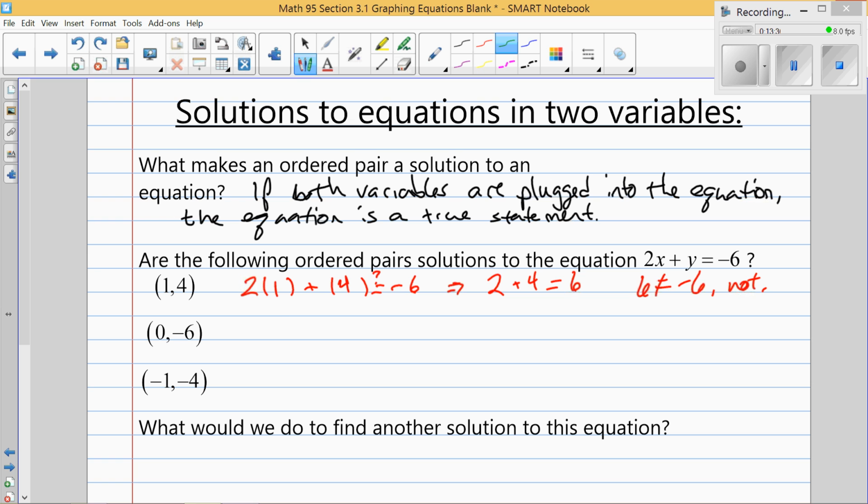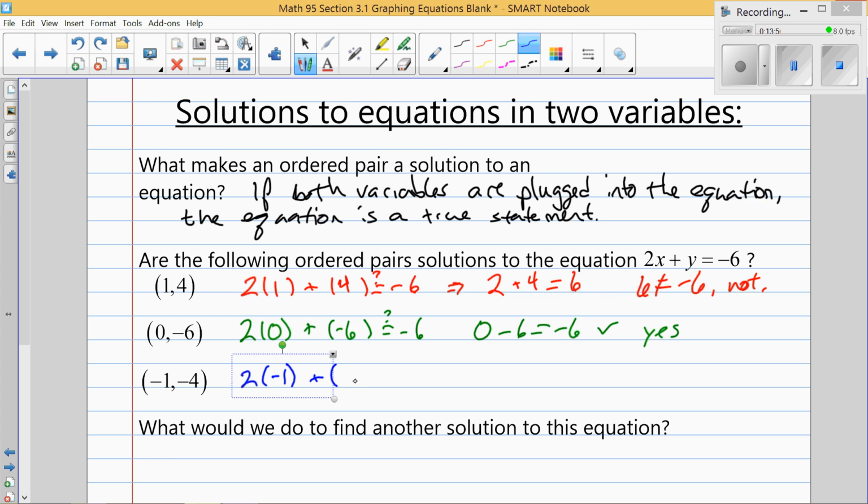I'm going to try the same thing for the second ordered pair. 2 times 0, well that's 0, plus a -6. Does that equal -6? Well, 0 minus 6 does in fact equal -6, so that one is a solution. For this last one, 2 times -1 plus a -4.